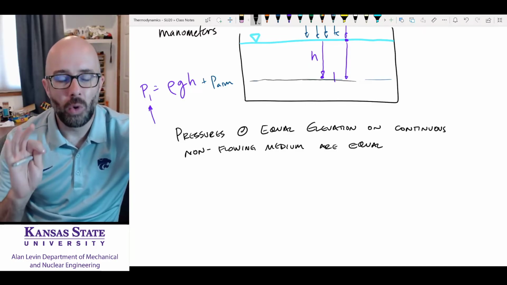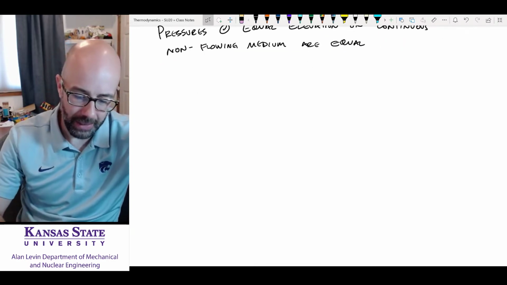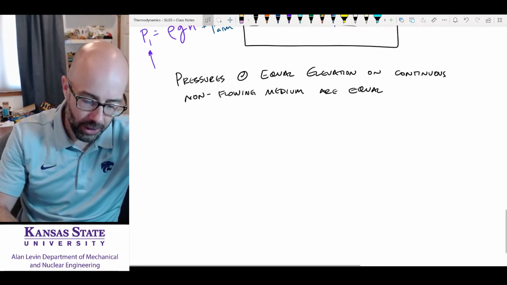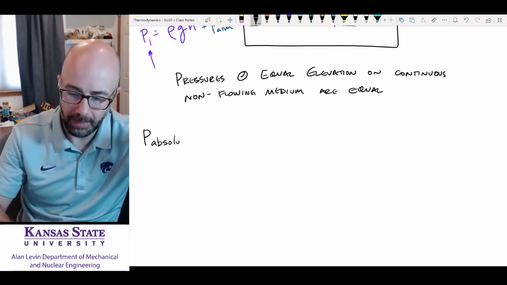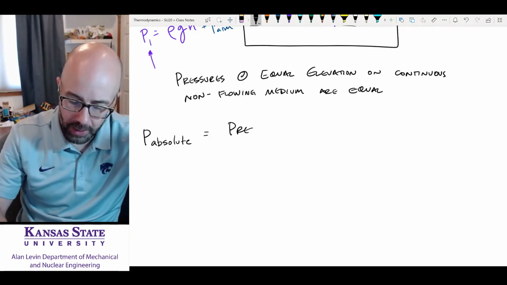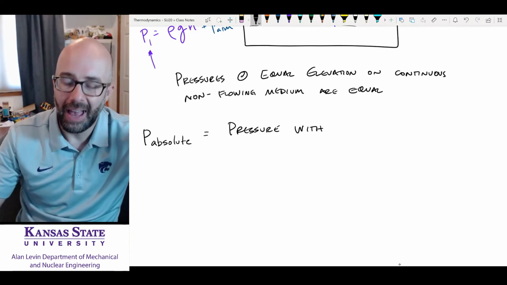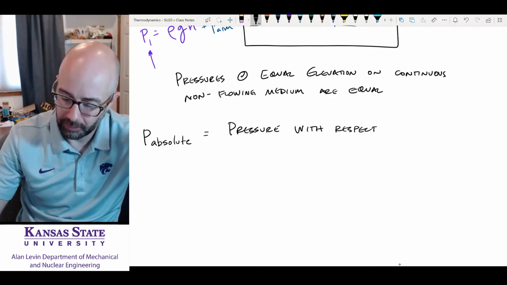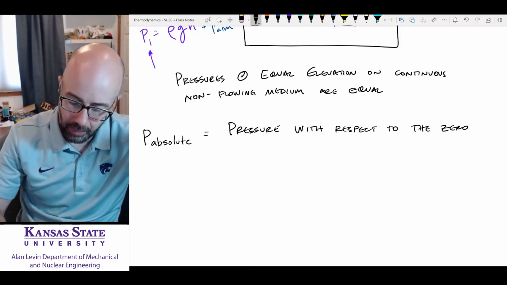there are 3 different ways to tell you pressure. Okay, so the first way to tell you pressure is absolute pressure. This is the pressure with respect to the zero pressure of an absolute vacuum.